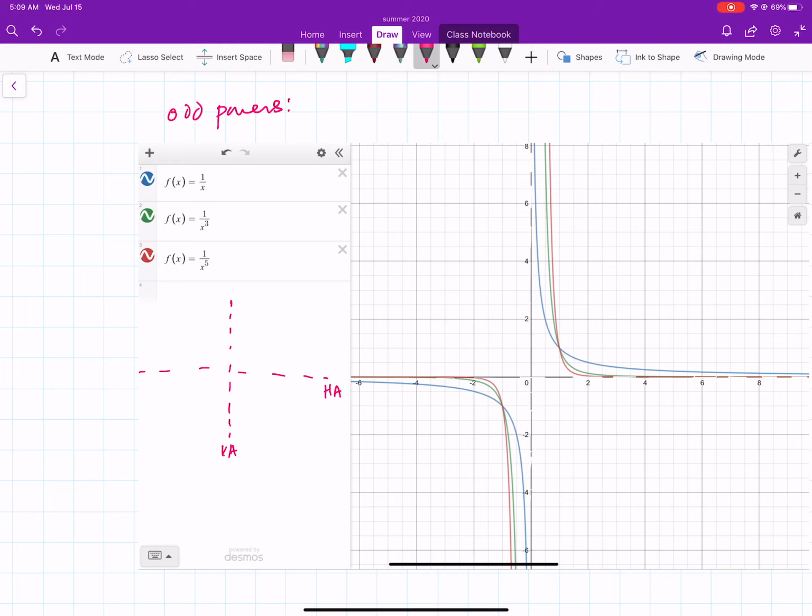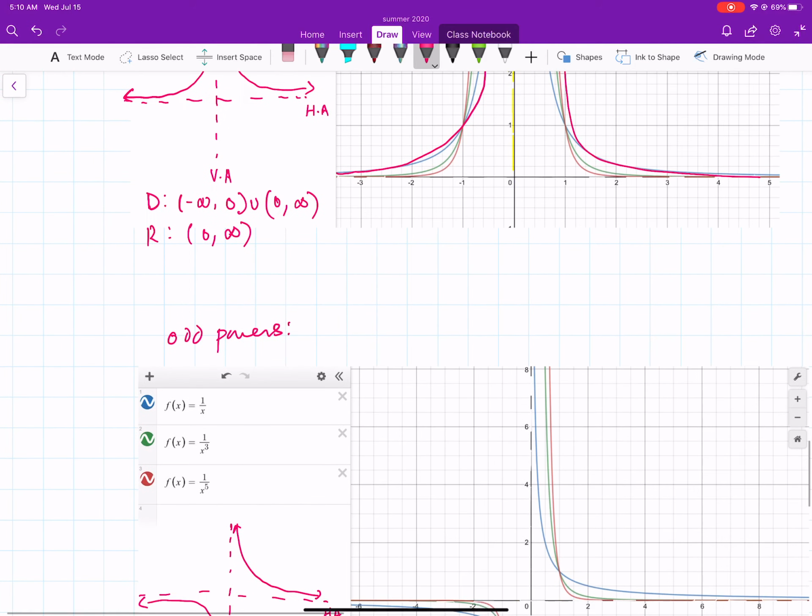And so when we sketch, you can see how this looks. This looks like that, and it's also looking like that for each case. So that's how the graph behaves when you have 1 over x. Again, the higher the odd powers are, the further the graph is away from the horizontal, and the closer it is to the what? To the x-axis.